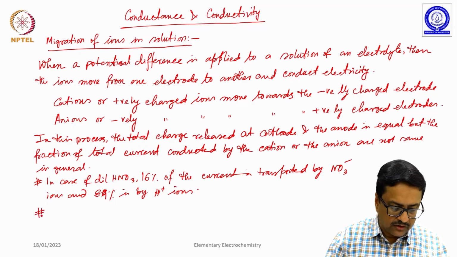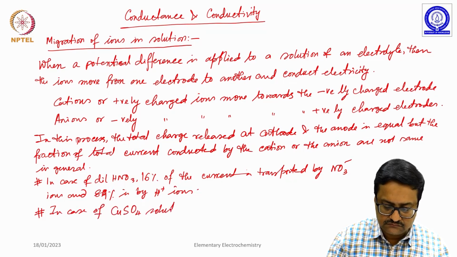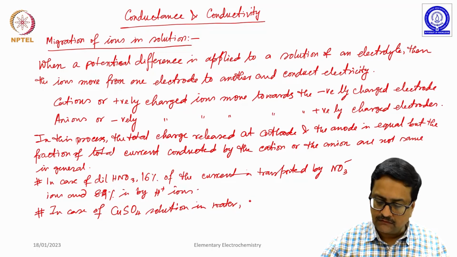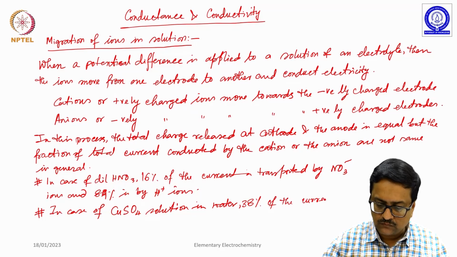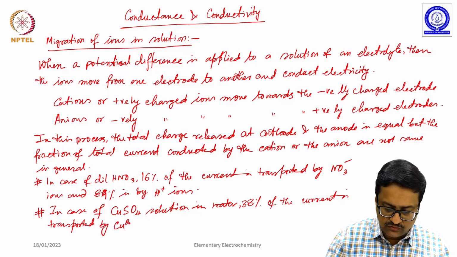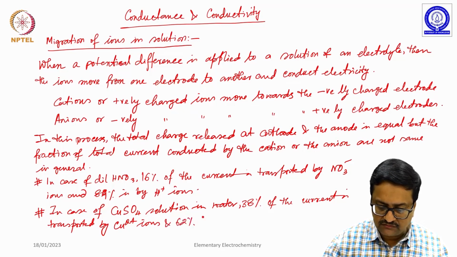Similarly, in case of copper sulphate solution in water, about 38% of the current is transported by Cu2 plus ions and 62% by SO4 2 minus ions.